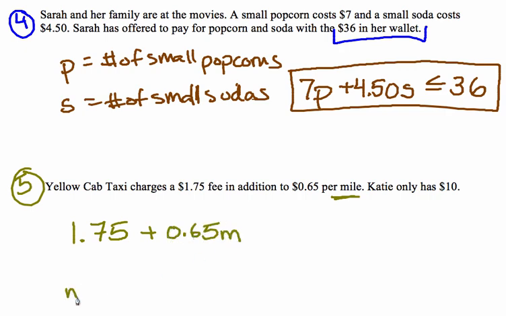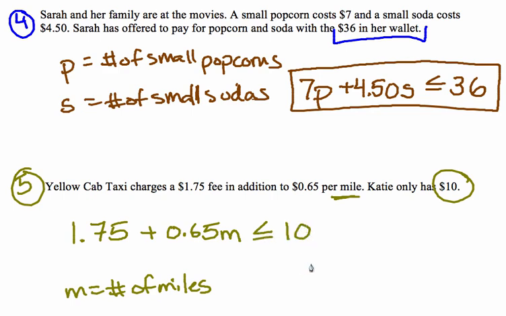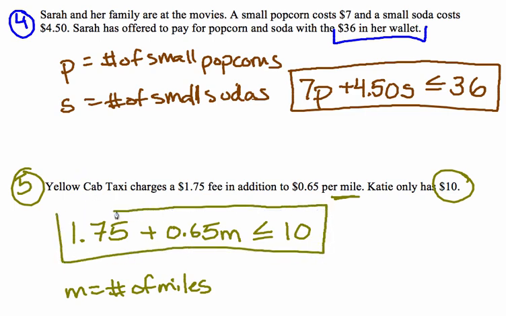So let's have M be the number of miles traveled in this cab. And since she only has $10, she can't spend more than $10 on this cab ride, but she could spend exactly 10. So she's going to spend up to or equal to $10 on this cab ride. So $1.75 plus 65 cents a mile has to be less than or equal to $10 in order for Katie to take a cab ride.